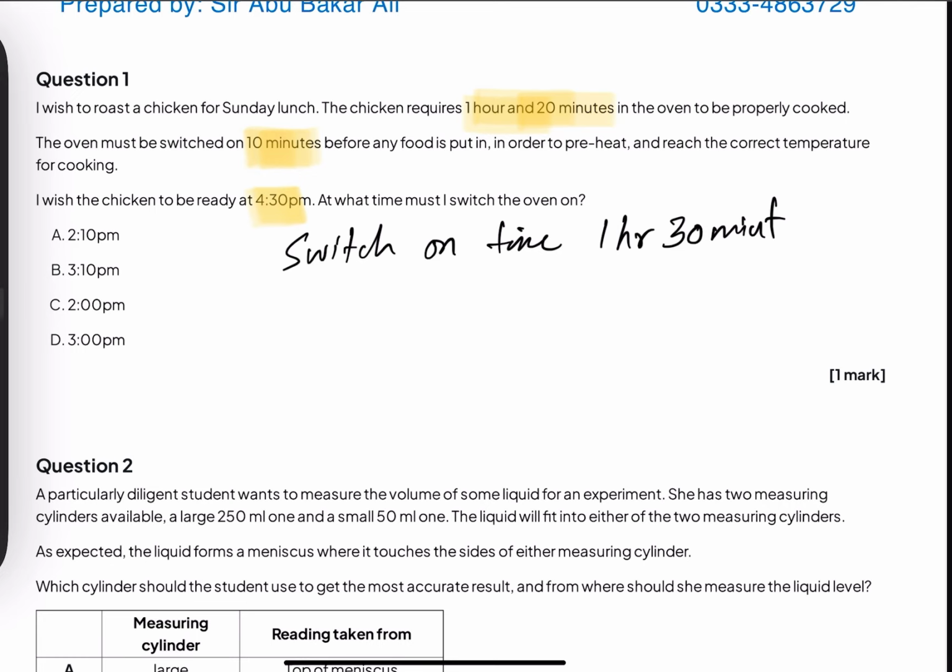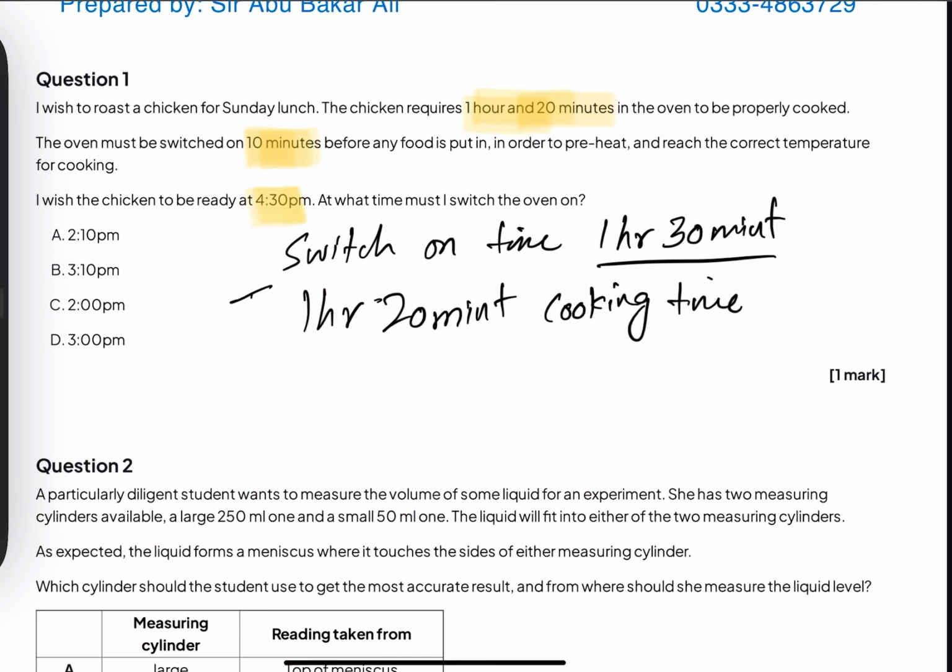Okay, the oven needs this much time: 1 hour 20 minutes cooking time plus 10 minutes for the preheat.